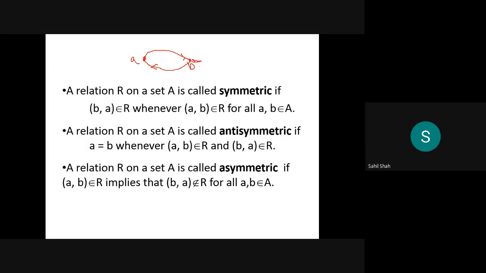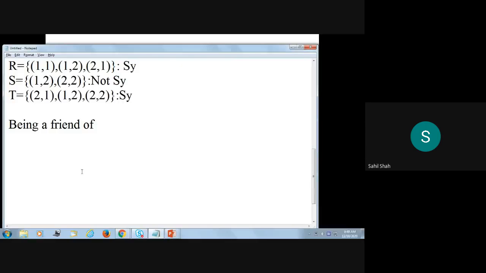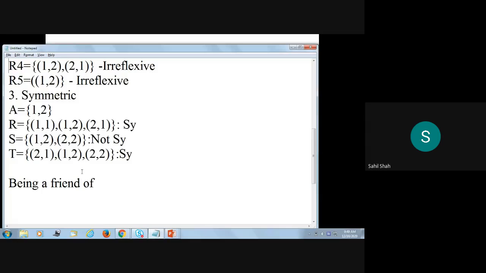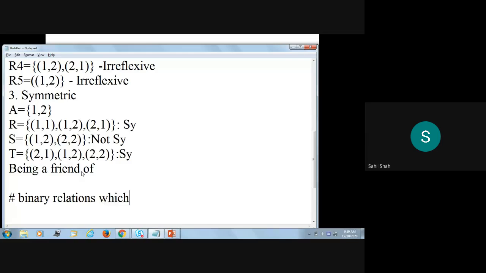Further to this, first of all, we will go for this. Now, I will not take the help of these slides because those will confuse you. Before going for the symmetry, asymmetry, I am having a question. How many binary relations, number of binary relations which are symmetric on set A? Again, the famous question.